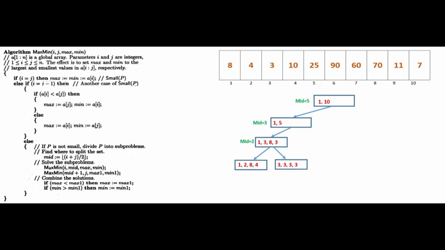So control goes to its parent algorithm, the node with mid equal to 3. Control returns back to the parent algorithm, in the tree structure the node with mid equal to 3.